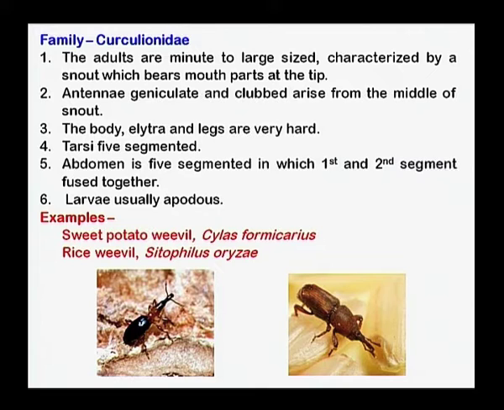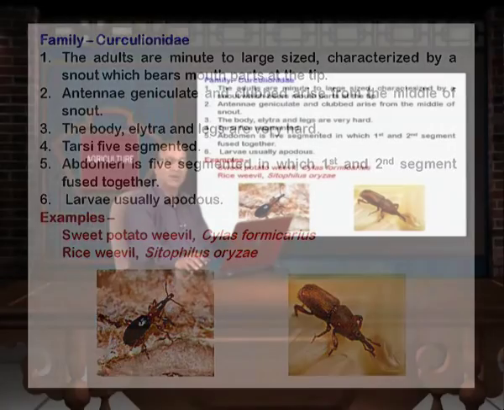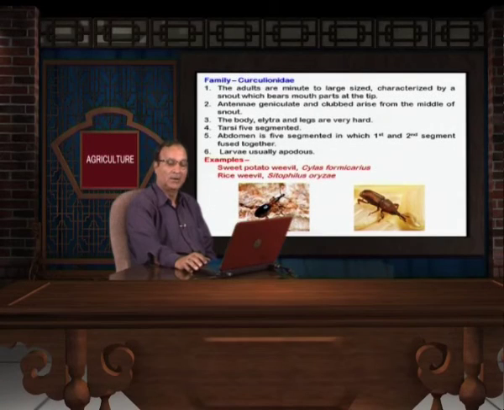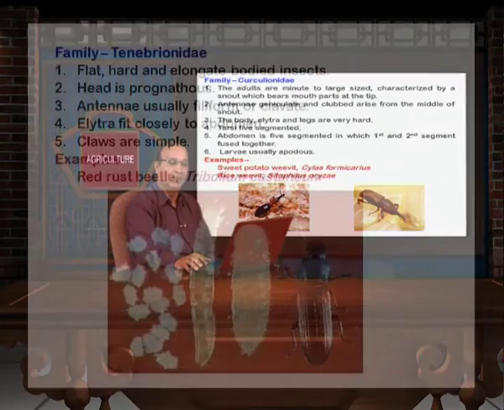Tarsi are 5 segmented. In this case the abdomen is also 5 segmented, but the first and second abdominal segments are fused. Larva is usually apodous, it means legs are not present in the larval stage of the beetle. Examples are sweet potato weevil and rice weevil.